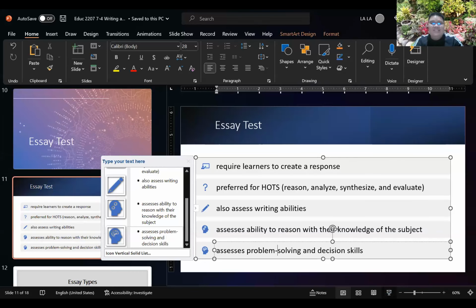Okay? It assesses problem solving and decision skills among your students. Now, there are two different types of essays that we usually pertain to in assessment. One type is your extended response, and then the other type is your restricted response.